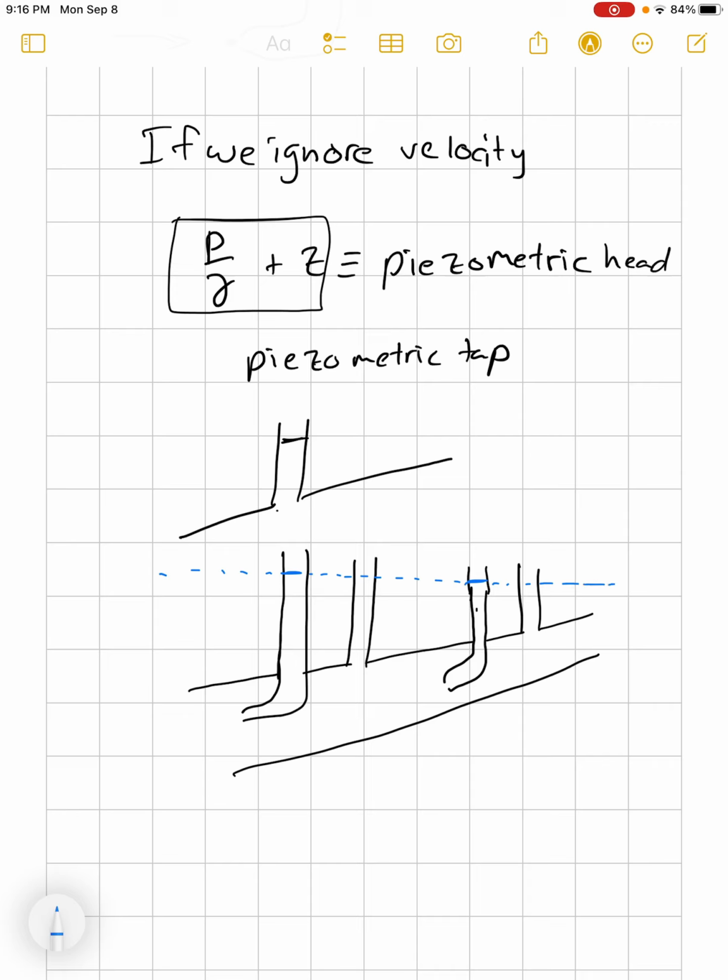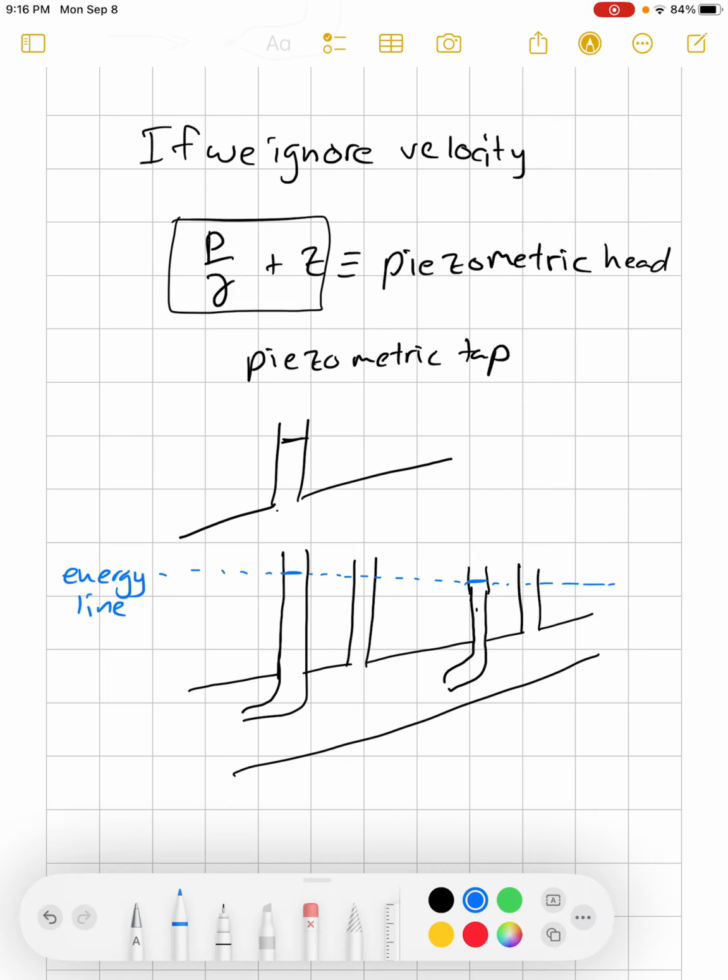Okay, and that line is called the energy level, or energy line, either one. And that represents the total energy in the system because that takes into account all three of the terms in Bernoulli's equation.